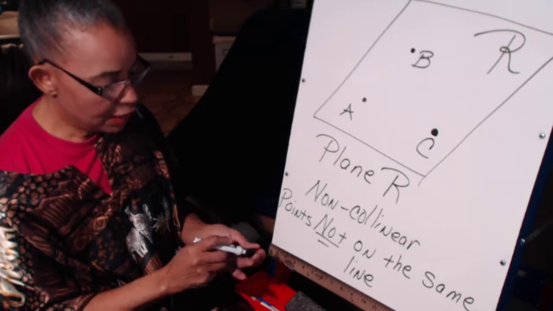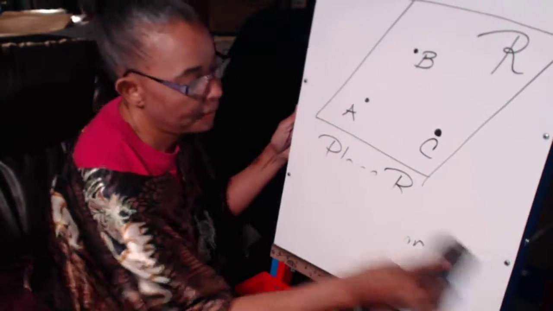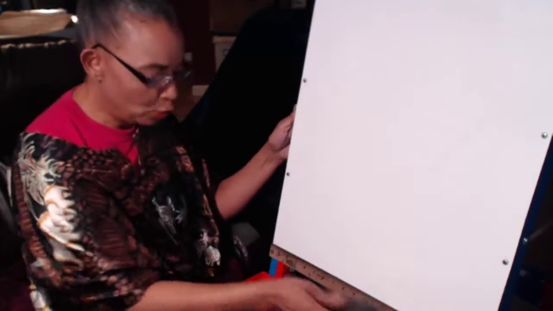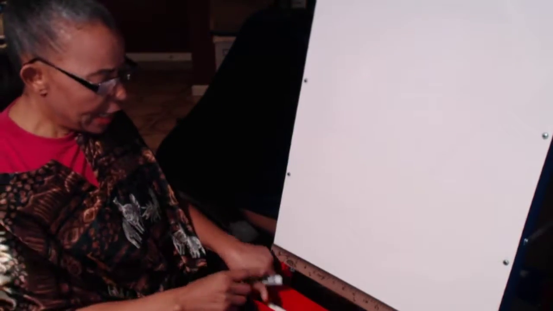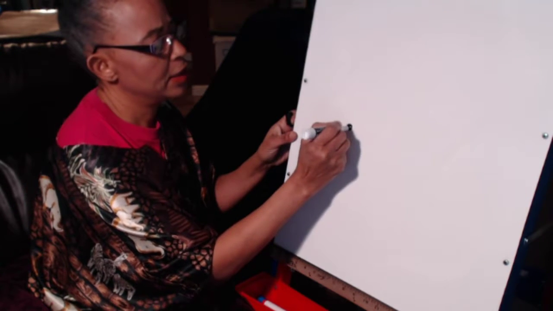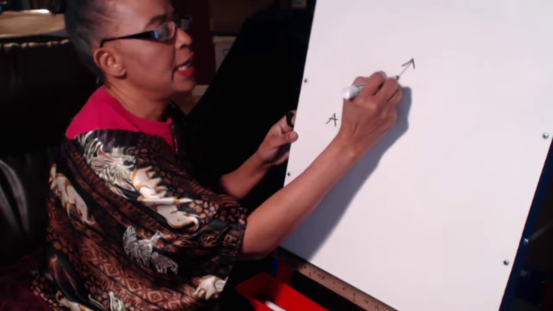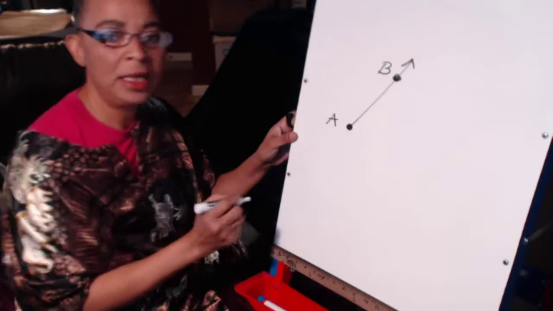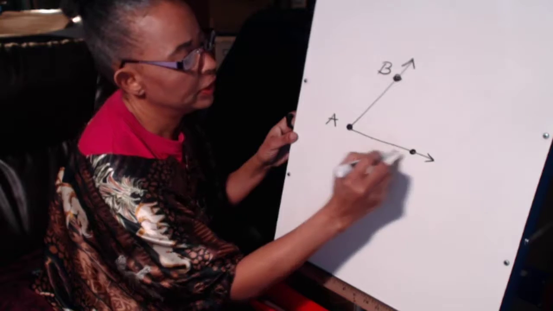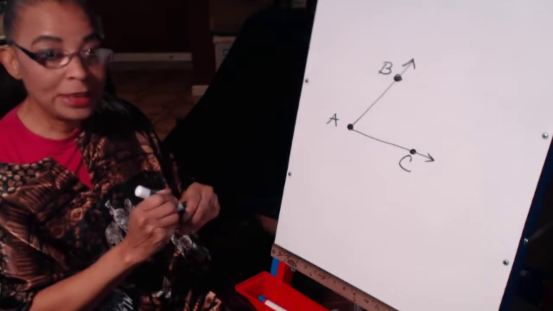In addition to that, we talked about one line and we talked about a ray. What would happen if we put 2 rays end to end? So this is ray AB, and let's do another ray, AC. What did we create?